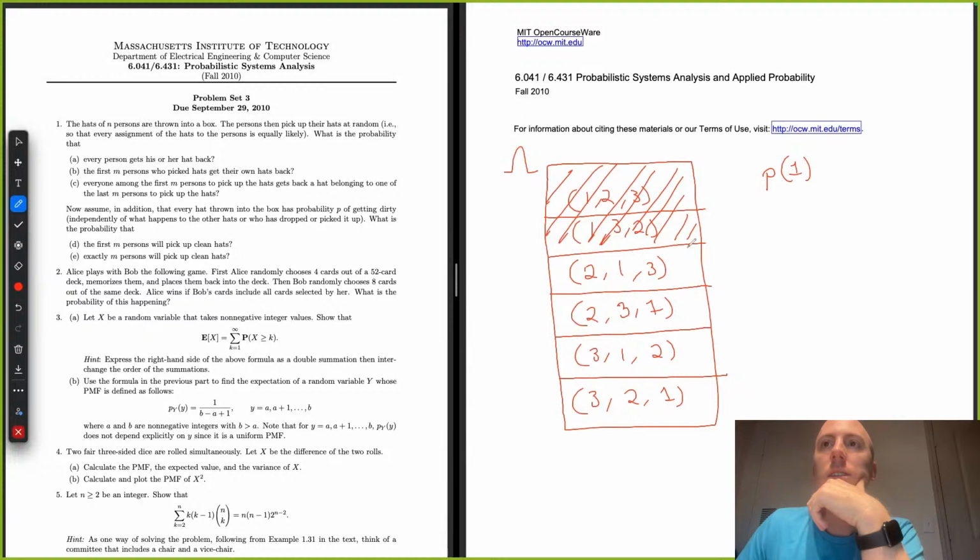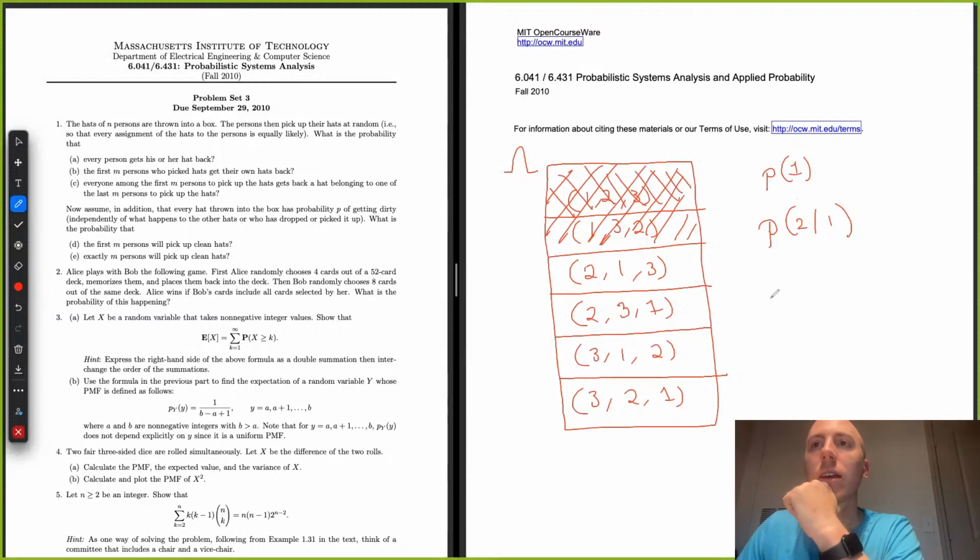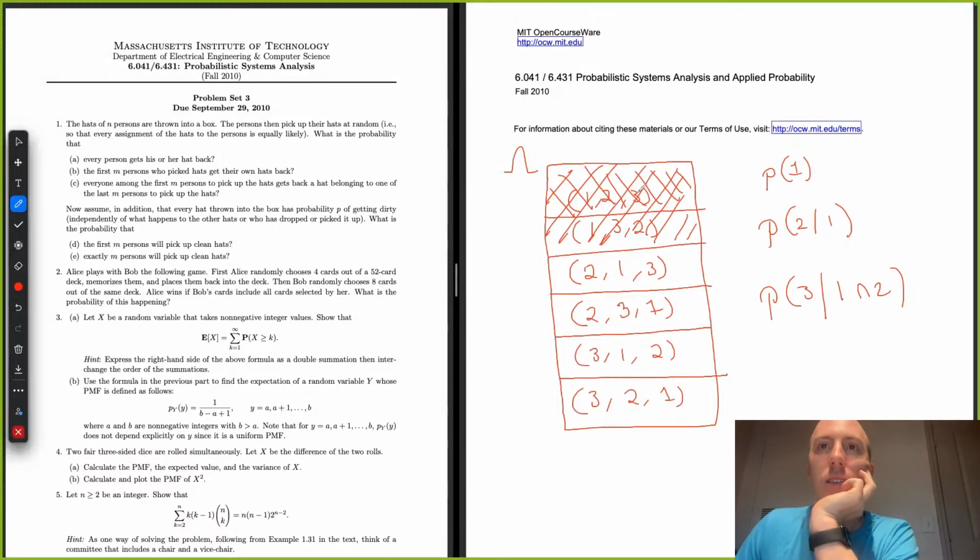And then the probability of 2 given 1. So we're in this universe and we're just computing the overlap of 2. So we're basically just here. And then we say the probability of 3 given 1 and 2. And so that intersection is just this right here.